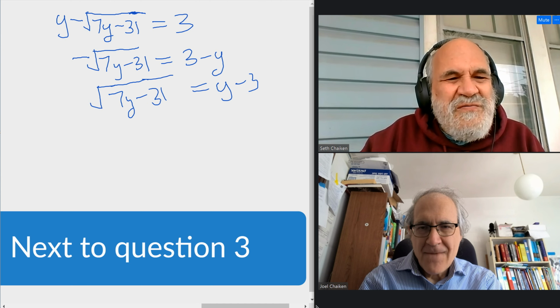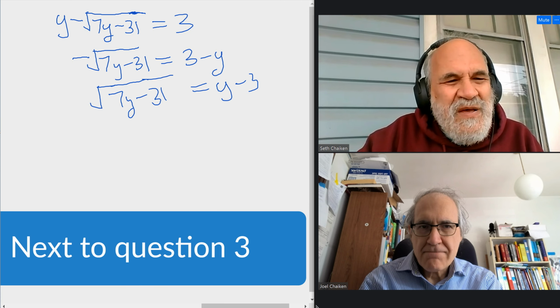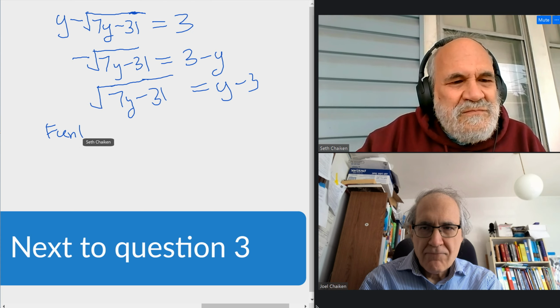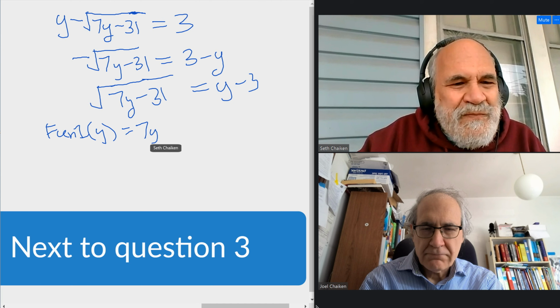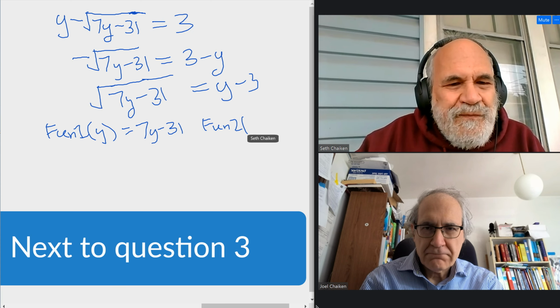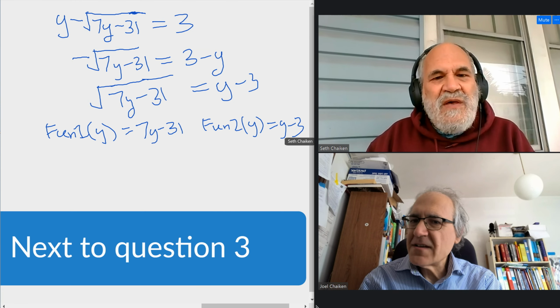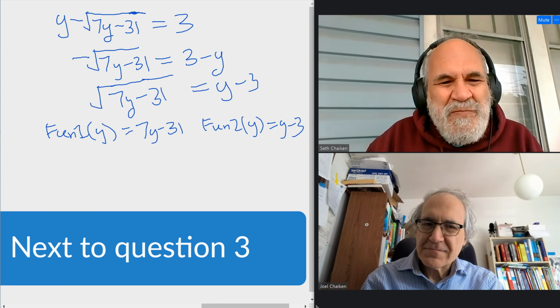Here's the idea. The form of this equation is that we have two functions of y. Let's call them fun1 and fun2. Fun1 of y equals 7y minus 31, and fun2 of y equals y minus 3.